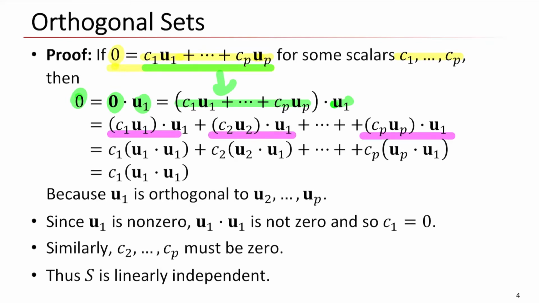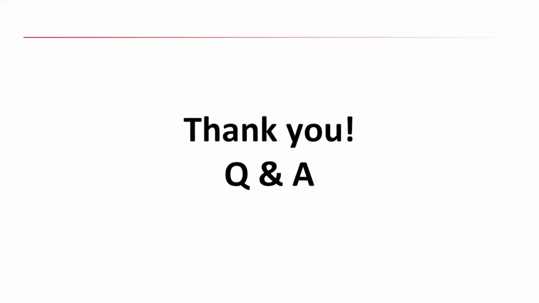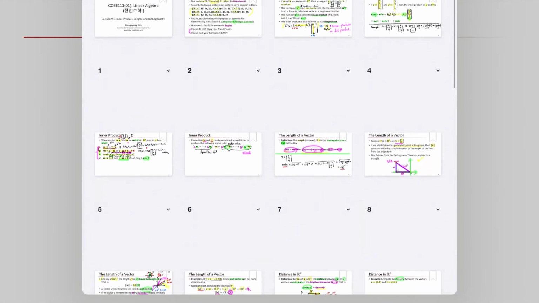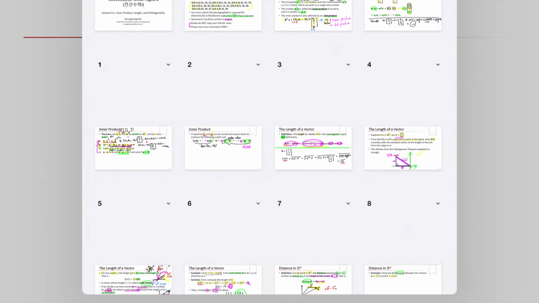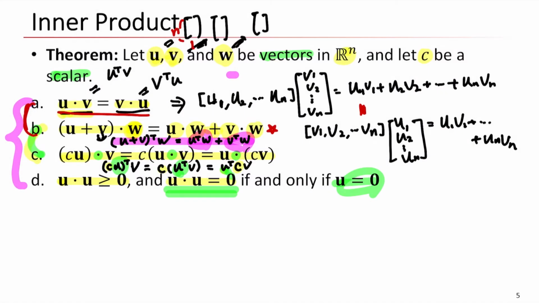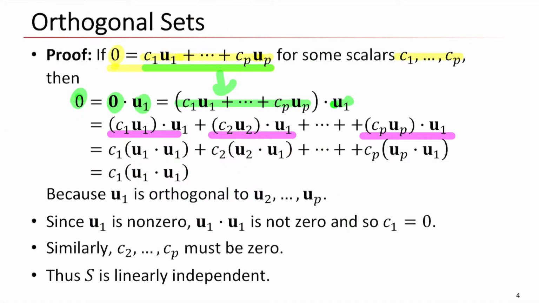Why? From the last lecture, there was the property of the inner product, right? So if you remember this one, we can easily decompose something like this, right? So from C1 times U1 inner product U1, C2 times U2 inner product U1, CP times UP inner product U1, something like this, then this term will be 0.